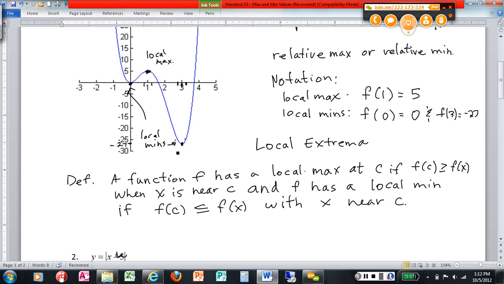So that's definition-wise how you do it. It just means that the local max has a function value greater than or equal to the ones around it, and for the local min, the function value is less than the function values around it. With me?